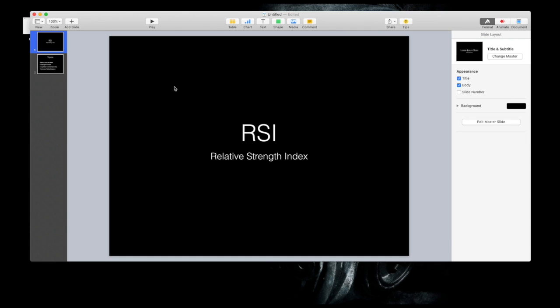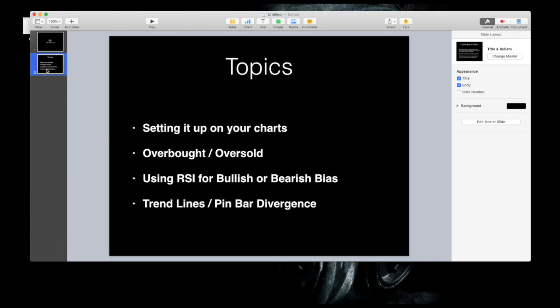There's not a ton of information on the right way to trade RSI, so you're stuck on a very basic level. But we're going to go more in depth so you can utilize the RSI way more efficiently and effectively.